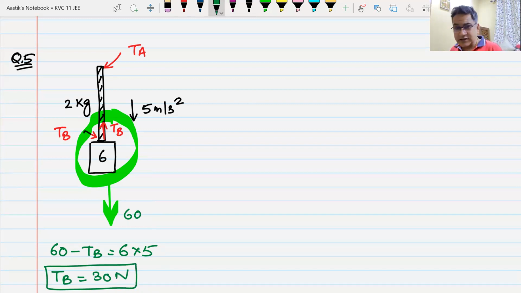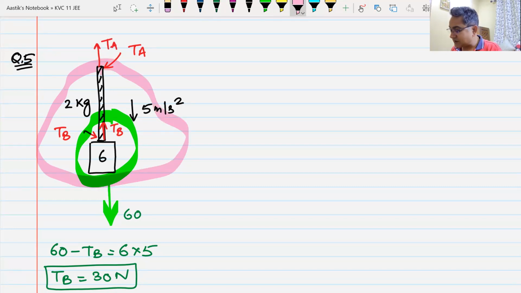Then to find out the tension at the highest point, remember tension can only pull. So tension will be upwards like this. Then I take this entire block as one system. The total mass of this system becomes 6 plus 2, 8. So the net downward force on this system would be 80 newtons.